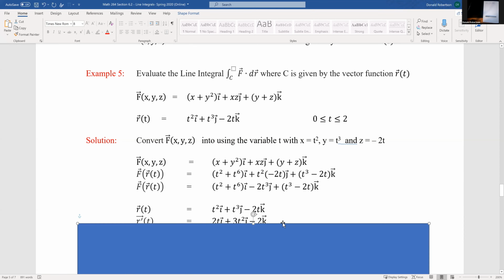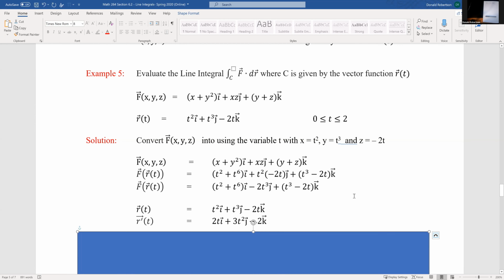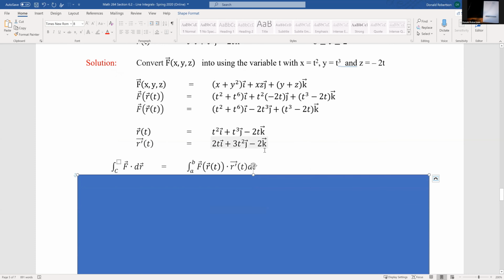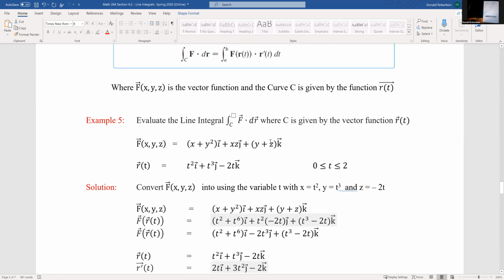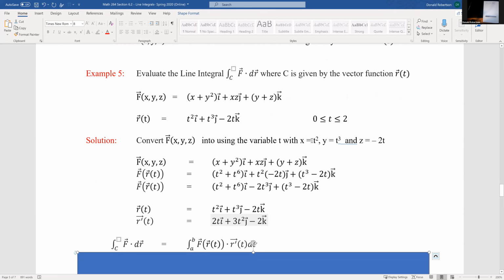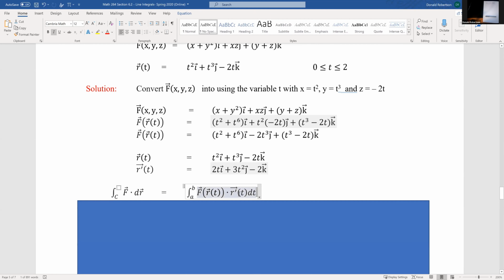If you differentiate vector r, you get that guy, and that is what we call d vector r. So where is it? Yeah, there he is. See that guy there? He is, in fact, the derivative of r dt. So if you know the parametric curve, just differentiate its components and stick a dt at the side, and you're good to go.